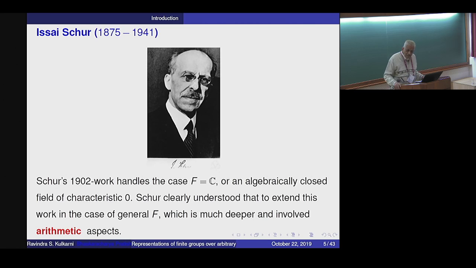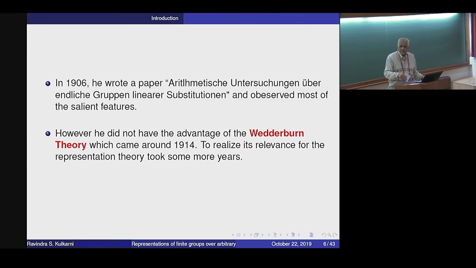But Schur clearly understood that to extend this work for the general F, there are much deeper and involved arithmetic aspects. And these arithmetic aspects, as we shall see in this development, are just how the cyclotomic polynomials factor over the field. And in 1906, Schur wrote this paper, Arithmetische Untersuchungen, and observed most of the salient features.